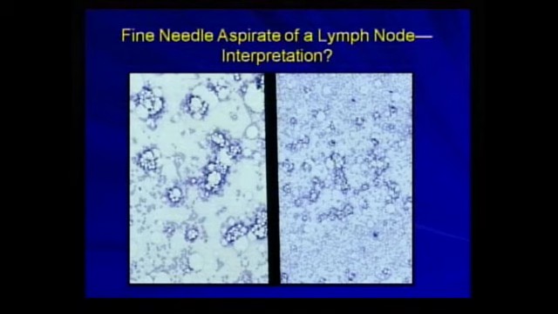Here's a fine needle aspirate from a lymph node. What we see is abundant fat, and then mixed in there, I think you can see small numbers of lymphocytes. As we said before, this is what we see commonly in older dogs and with practitioners who don't do a lot of cytology.